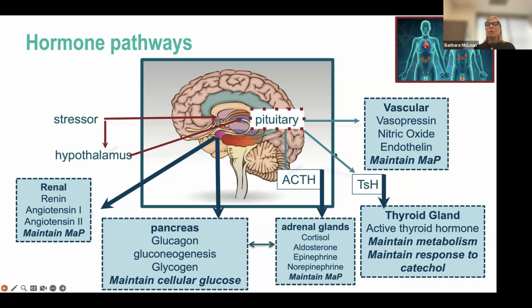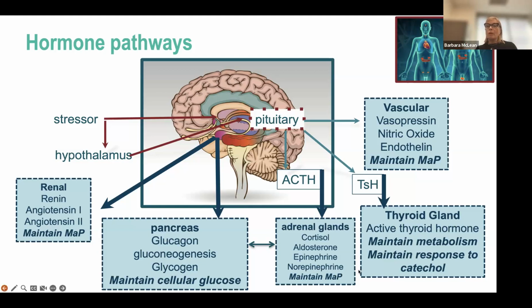The pituitary gland releases thyroid stimulating hormone. Thyroid stimulating hormone travels in the blood to the thyroid gland, and the thyroid gland puts out both an active and an inactive form of thyroid hormone. So the hypothalamus regulates the pituitary, which stimulates the thyroid gland, which then releases biologically active and inactive thyroid hormone.